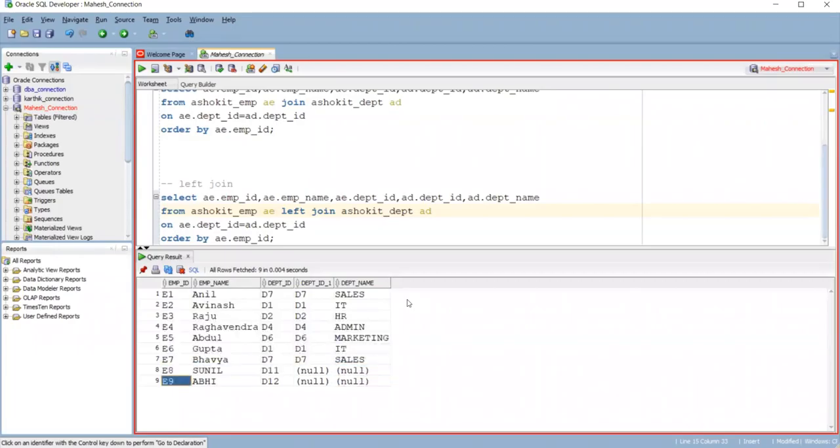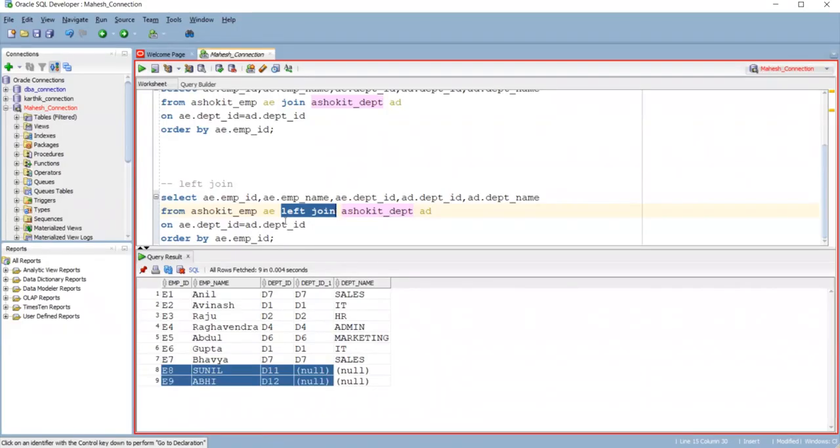So here in the left join, which table is important? Right hand side table or left hand side table? Tell me, sir. Left hand side table data is important.